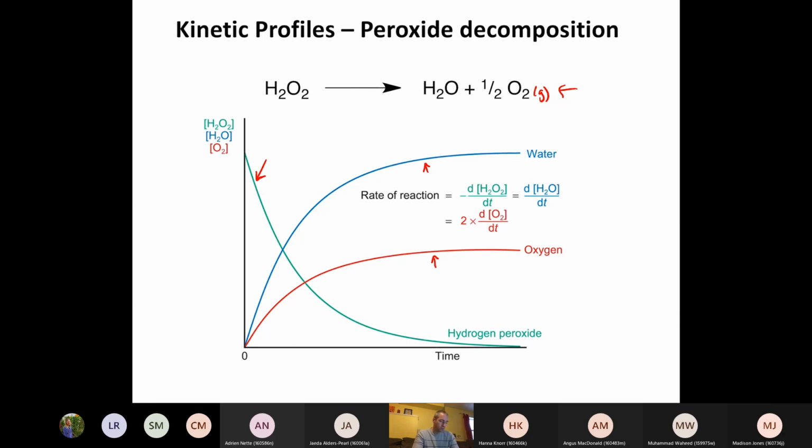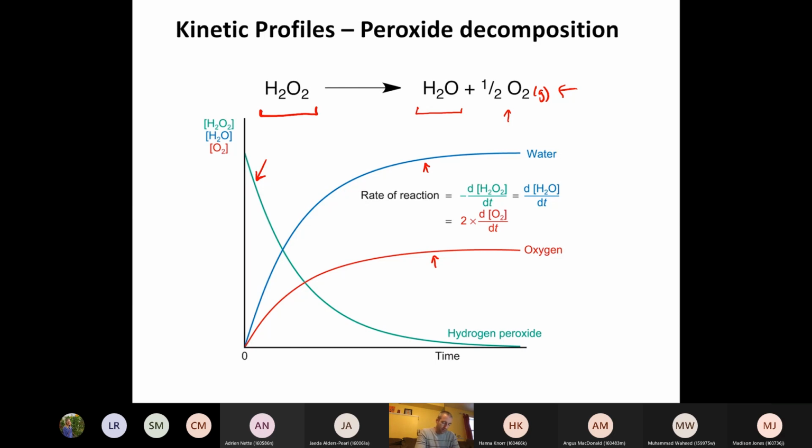Water is generated twice as fast as the oxygen, just because of the stoichiometry of the reaction. We get 1 molecule of water for every molecule of H2O2, but only half a molecule of O2.